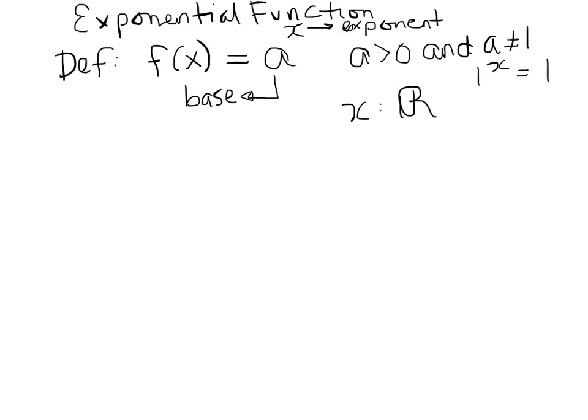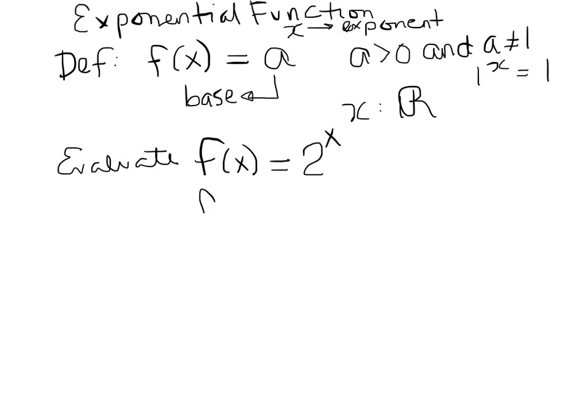All right, let's talk about what it means now to actually have an exponent in the variable. Well, simply, the easiest thing to do is to just evaluate this function. If I said f of x, and I'll pick a value for a, the most basic one we usually pick is 2 to the x. And we could simply evaluate this when x is some number.